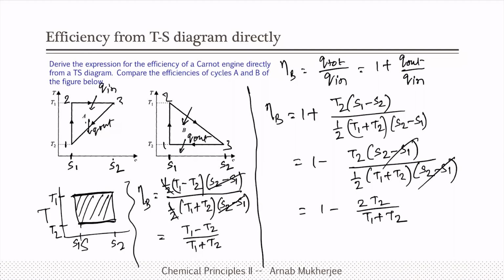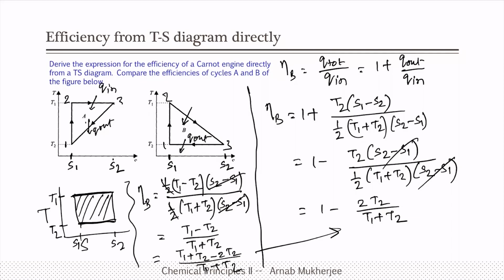Now, are they the same? We can easily check that. We can just take T1 plus T2 minus 2 T2, over T1 plus T2, and we are going to get this one. So, this is the efficiency of engine B. Now, is this efficiency B more or less than the Carnot engine?